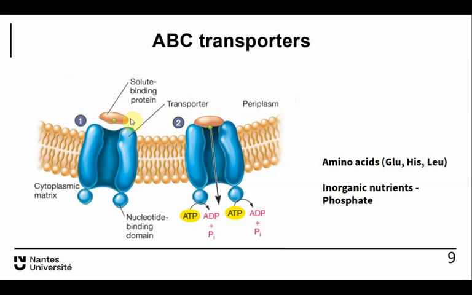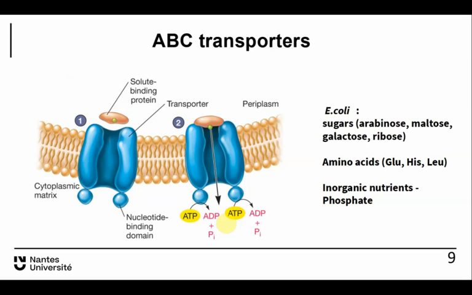This solute binding protein will bind whatever wants to be transported, for example, phosphate, some amino acids. And then the solute binding protein, together with its cargo, binds to the pore. And then the ATP hydrolysis will pull off whatever the solute is and bring it into the cytosol. But you're going to spend, for example, one molecule of ATP for every molecule that you import into the bacterial cell. This is the most expensive way to import something.